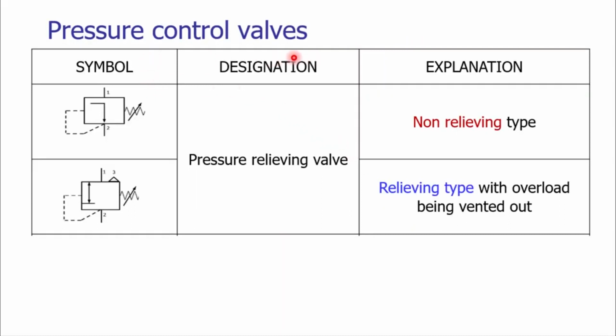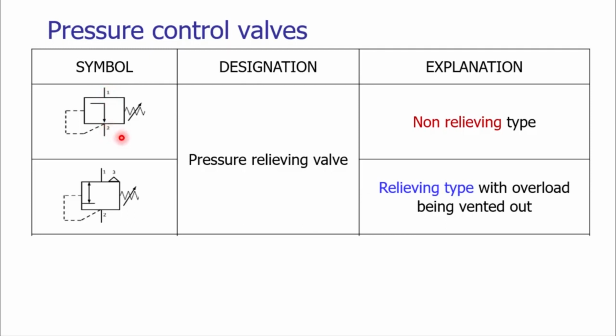Now the pressure control valves are designated in the typical way which we have seen in hydraulic circuits as well. The non-relieving valve can be represented by a square with an arrow, and a spring with an inclined arrow indicating that we can set the spring force. When the load pressure or output pressure is high, the valve will be opened and connected to the input port.